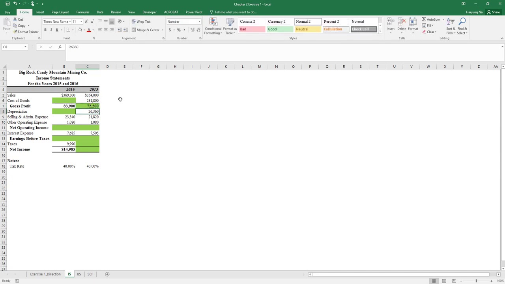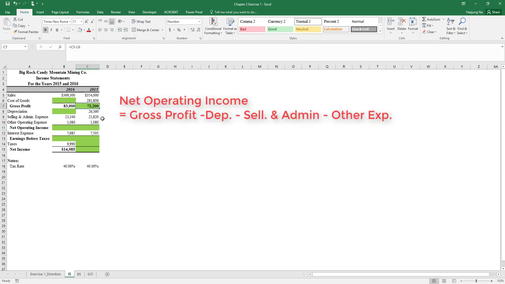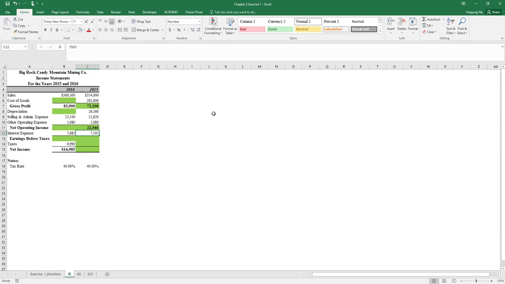So you have the gross profit, and then go down to find the next blank, which is net operating income, and this will be gross profit minus all the expenses that are listed here. So equal gross profit minus depreciation minus selling and admin expense minus other operating expenses. There we go. You have 2015 net operating income.